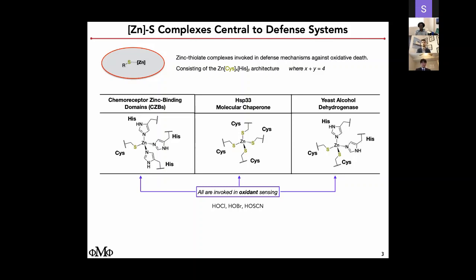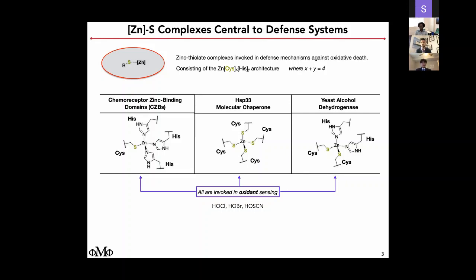Naturally, in response to inflammation, animal hosts, such as our own human body, produce hypohalous acids and also hydrogen peroxide. We generally produce these oxidants to kill bacteria that are invading our host cells.